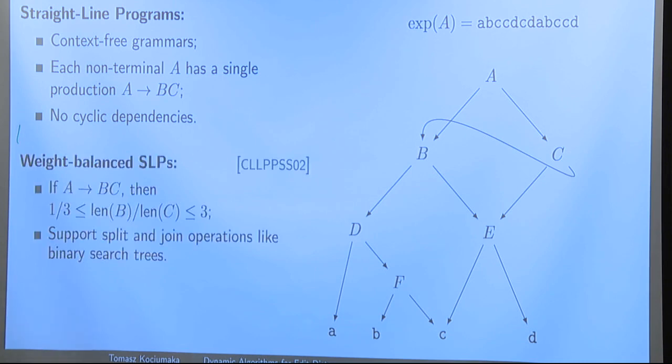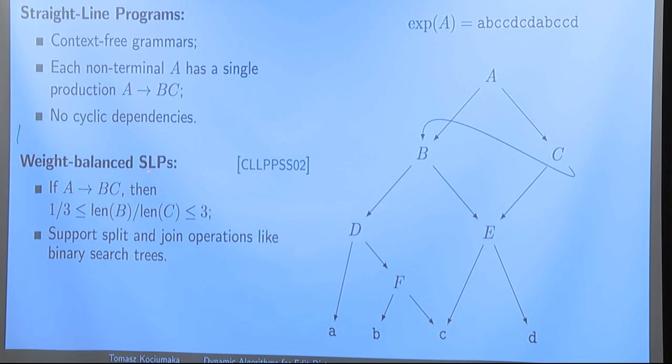And in particular, there is an implementation of SLPs by Charikar and others, so-called weight balanced SLPs, where there is an extra property that for every production, the ratio of the lengths of the strings obtained by expanding the two symbols is bounded by a constant factor, 3, or something like below 3 even.